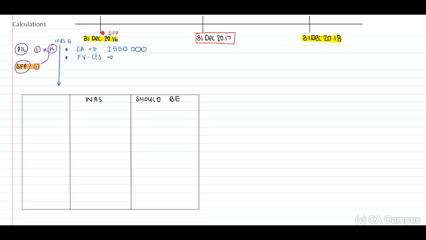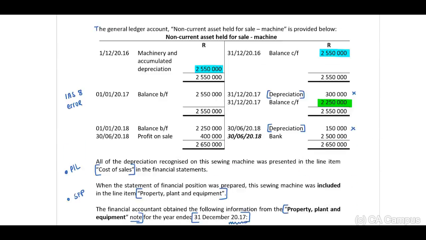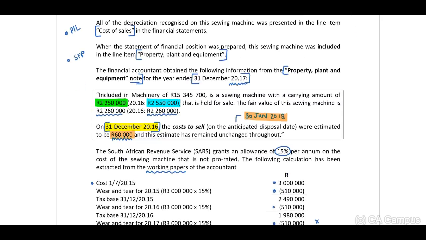Okay, now at the end of 20.16, they have indicated to us, when you look at the given information, in the PPE note, included in machinery is a sewing machine with a carrying amount of 2250. Remember, this relates to your 20.17 amount, and 2550 in terms of 20.16, which is incorrect.